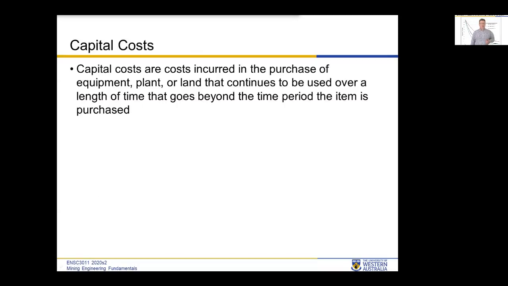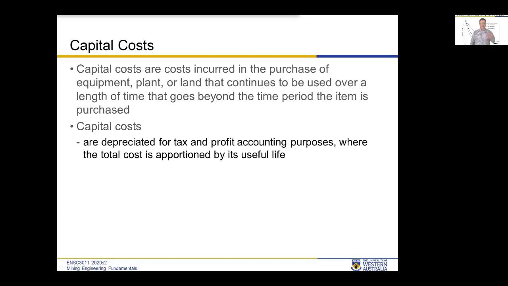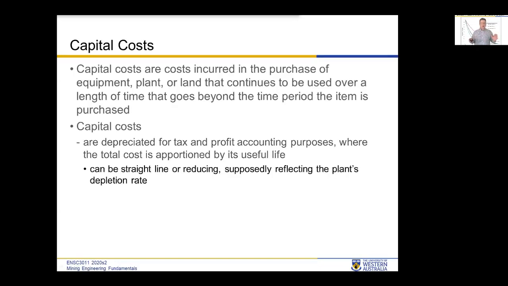Capital costs, you've probably heard this term: buying equipment, plant or land that's used over many years, but you pay for it once at the start, generally. Capital costs are depreciated for tax and profit accounting purposes. We spread it over the life of the equipment, and generally we just use a simplistic straight line, which is what you should have done, but lots of you didn't in the assignment.